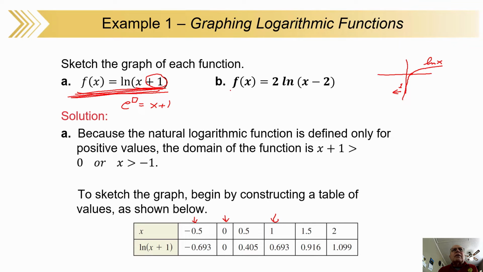On the second one, again, graph a bunch of points, get a feel for it. What's it going to look like in general? Well, if we look at this part right here, we could start with our basic natural logarithmic function. Looks like this. A minus 2 in there means move that to the right by 2.